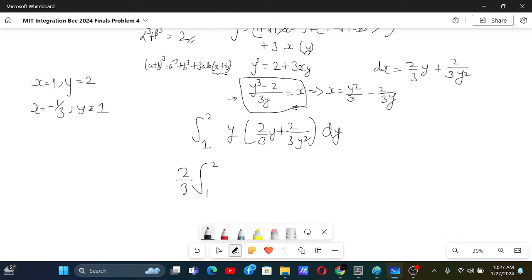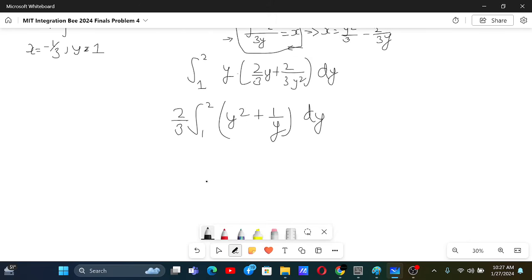Y square plus 1 by y, and then dy. This will be 2 by 3 times y cube by 3 plus ln of y, from 1 to 2.